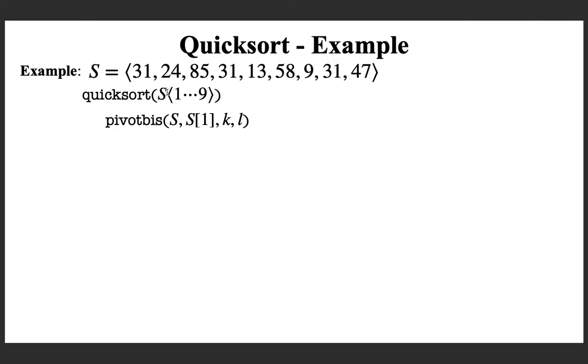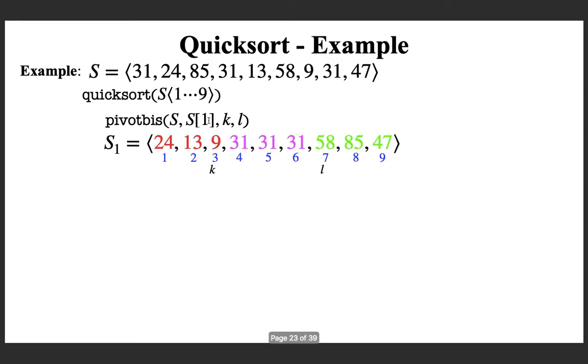Whatever the sequence given to quicksort, now it is from 1 to 9, in general it could be from i to j. So you take Si, in this case S1, as the pivot.